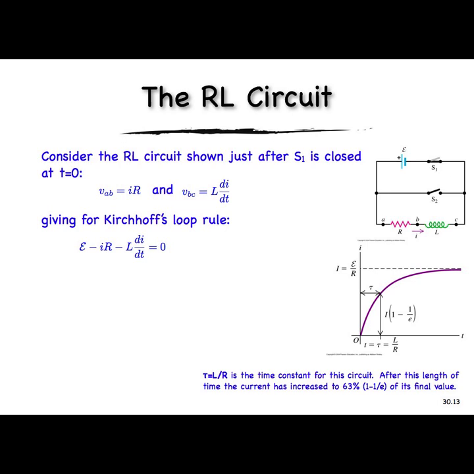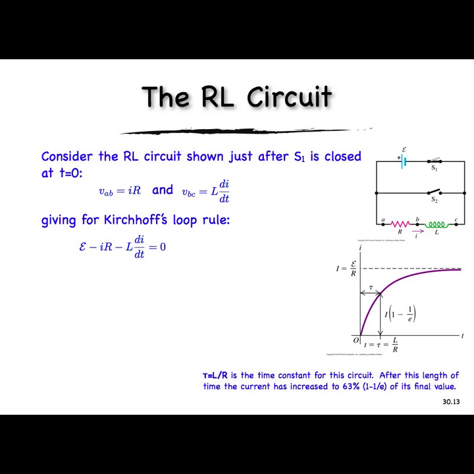The voltage change is just the EMF of the inductor, which looks like L di dt. If you're going in the same direction as the current, then this represents a voltage drop, just like with resistors. For a resistor, if you're going in the direction of the current, Ohm's law V equals IR gives you the voltage drop.